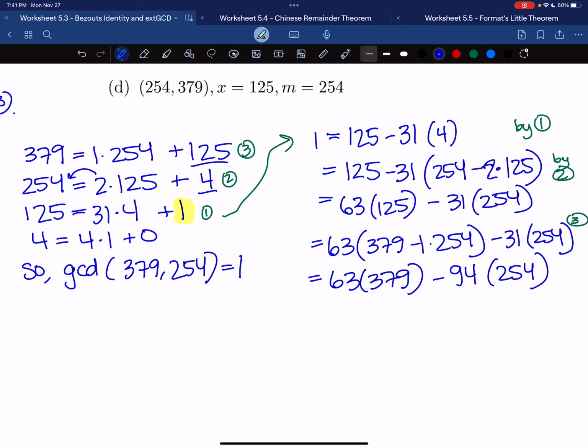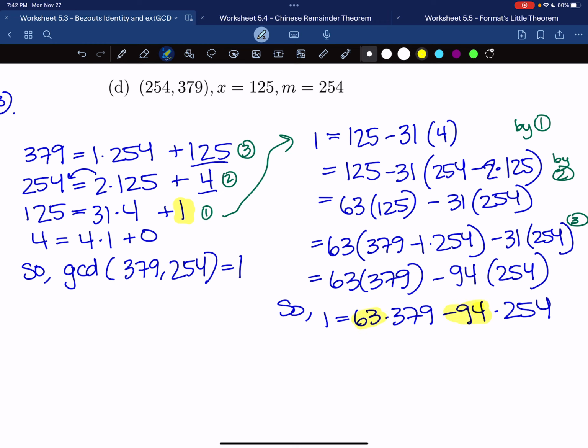So I could write it out as 1 is equal to 63 times 379 minus 94 times 254. And if we wanted Bezout's coefficients, this is where we would stop. We'd see it's 63 and minus 94.